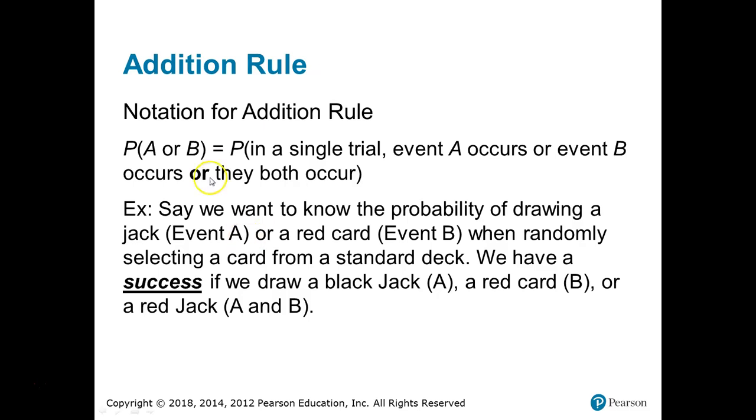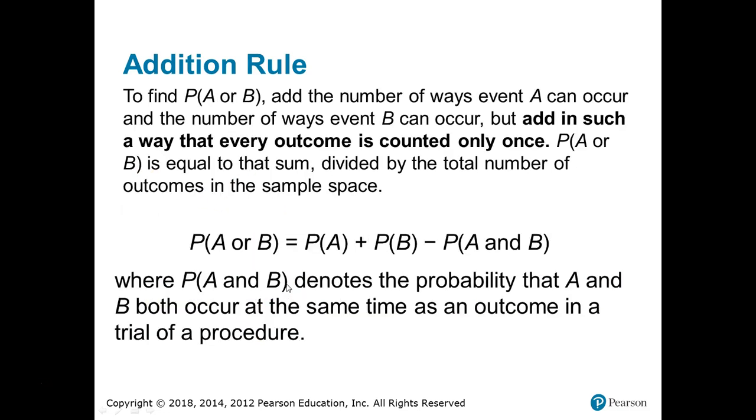We have a success if we draw a black jack, a red card, or a red jack. That would be event A for a black jack, because event B wouldn't have occurred. A red card, which is event B, and it's no jack, so it's only event B occurring, or a red jack, meaning success for both events A and B.